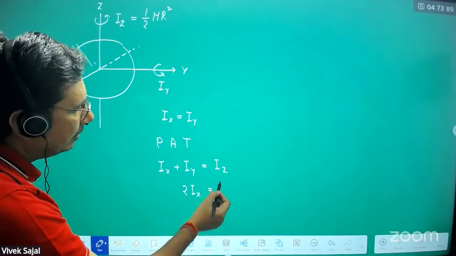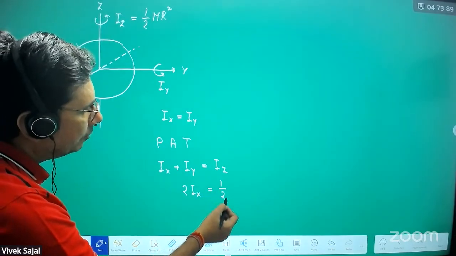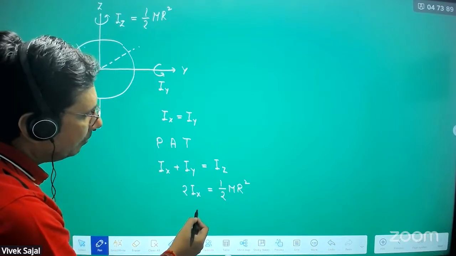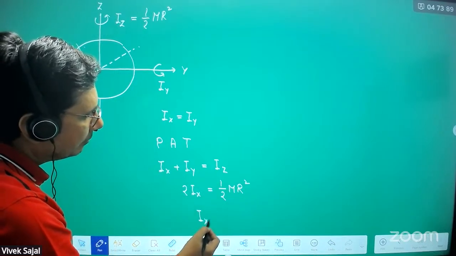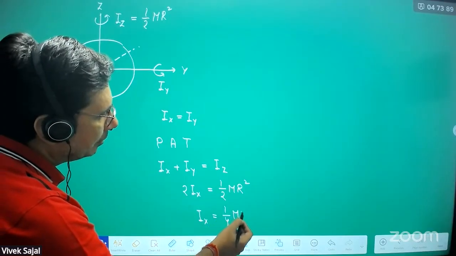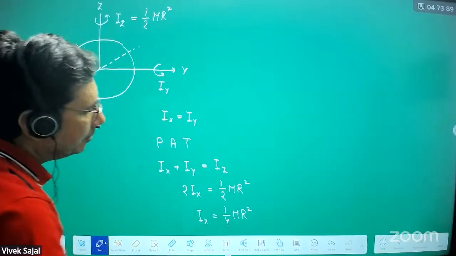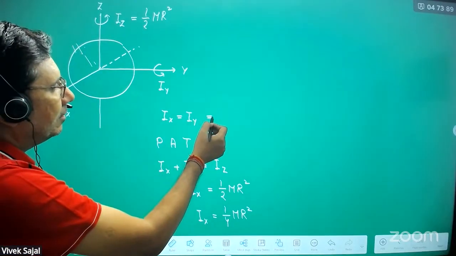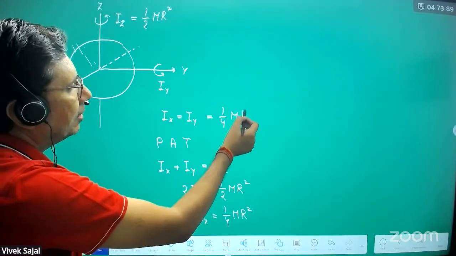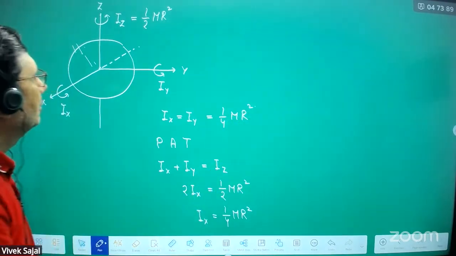And Iz is 1/2 MR². So what will be Ix? Ix will be 1/4 MR². So Ix and Iy are equal and they will be equal to 1/4 MR². Okay?